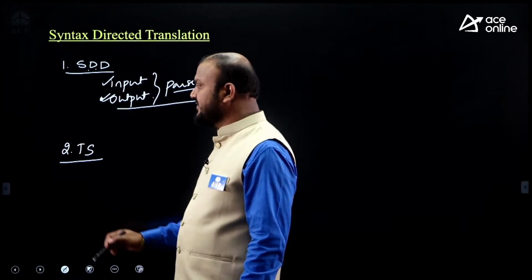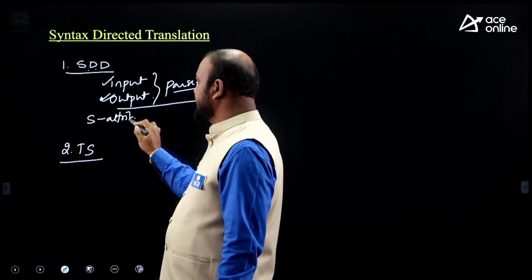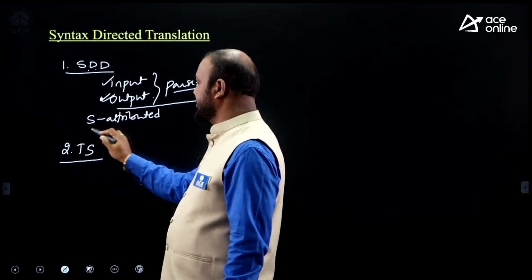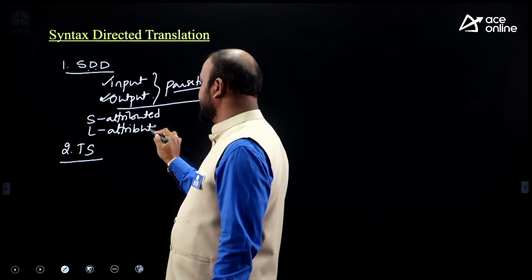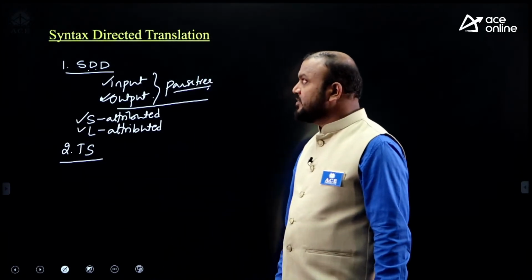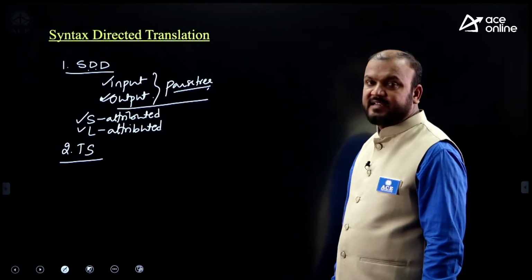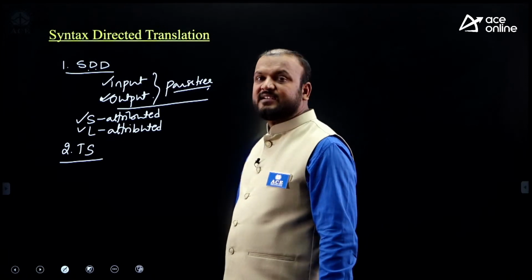Again, SDD has 2 types: S attributed and L attributed. What is S attributed?